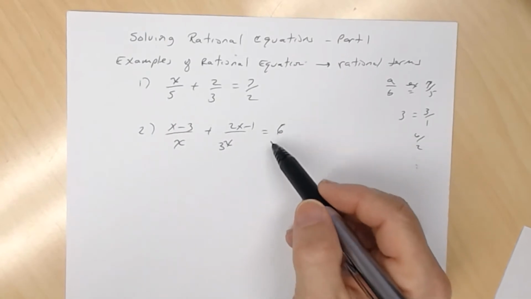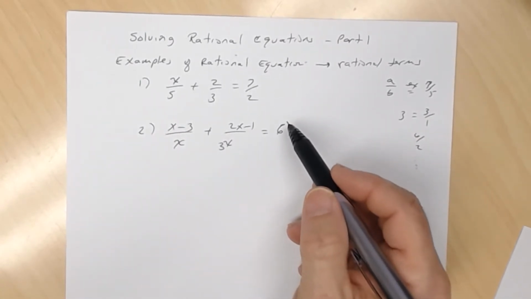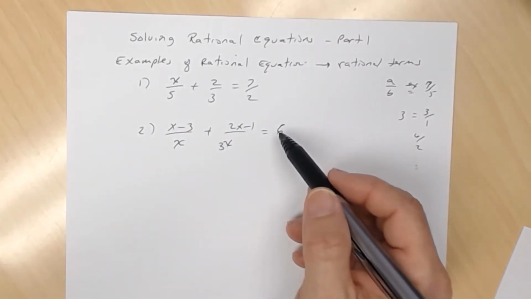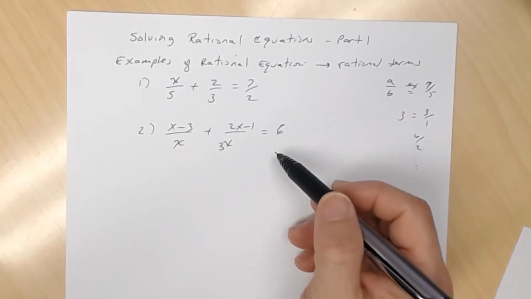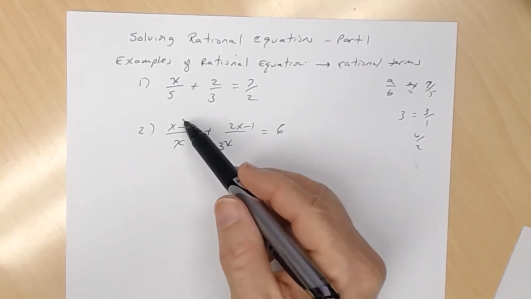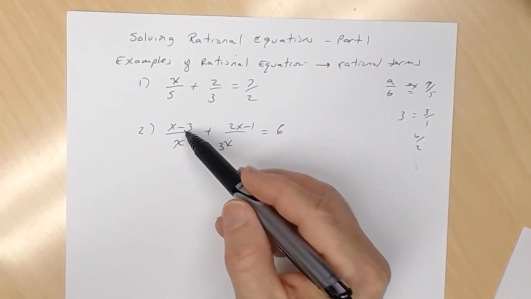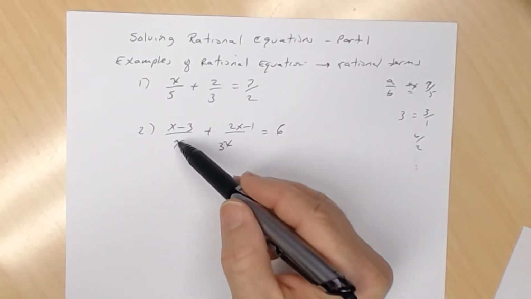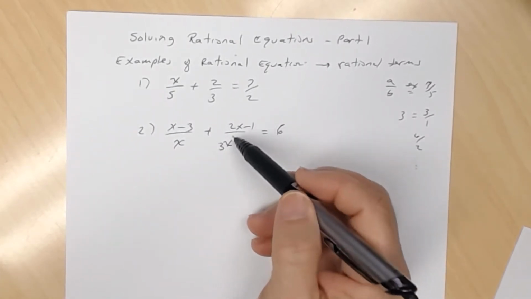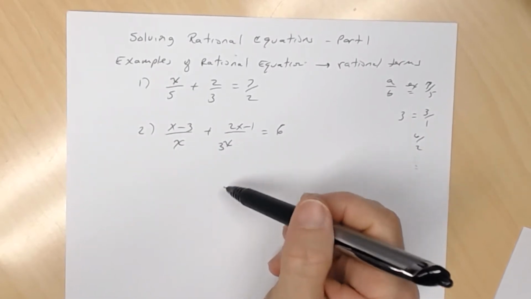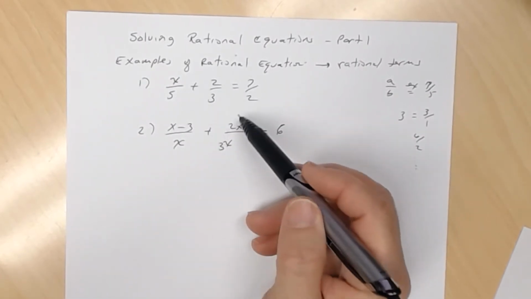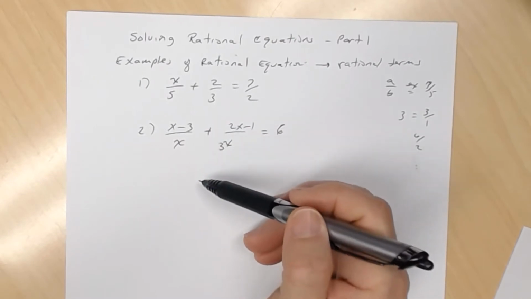See, this 6 doesn't look like a fraction, but it really is a rational expression because I can write this as 6 over 1. And notice that this numerator here is not a monomial. It's a binomial. So this is a monomial, this is a monomial, this is a binomial. They don't always have to be monomials, your numerator or denominator.